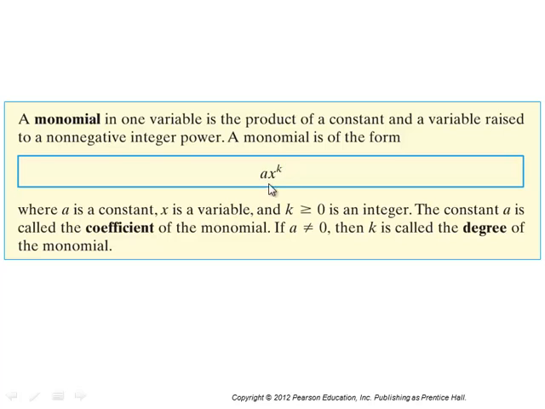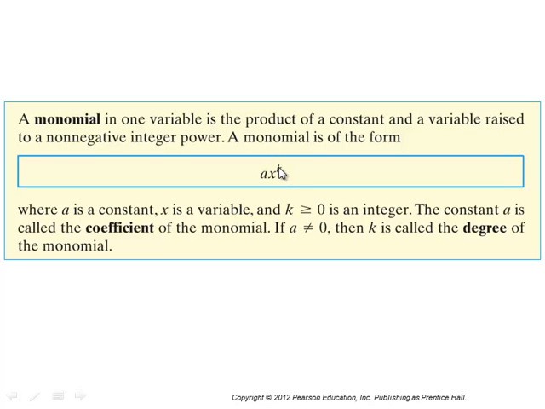And here exactly is the form of a monomial, where we have a variable, x in this case, but it could be t or y or z or any other variable, where you have a constant a times the variable x or whatever raised to some power k.